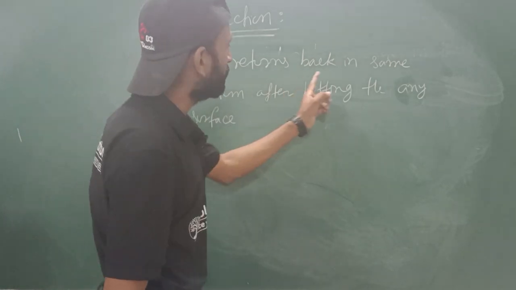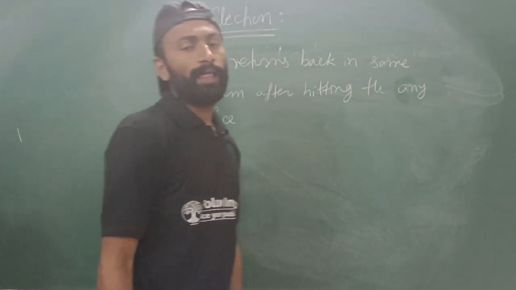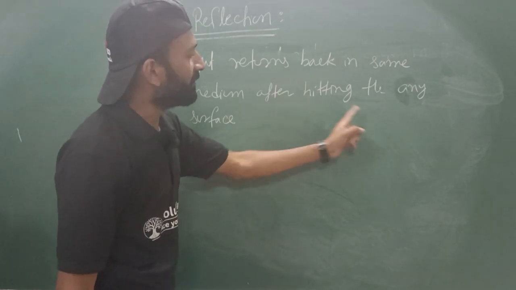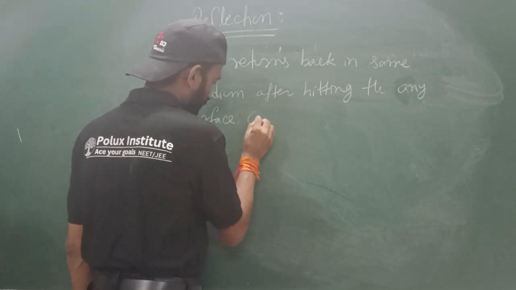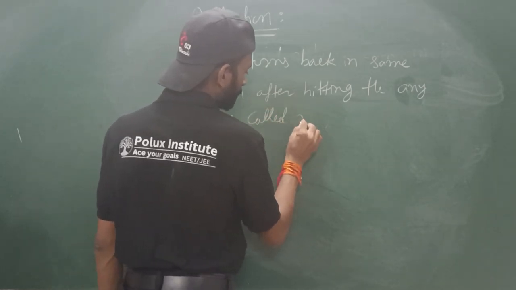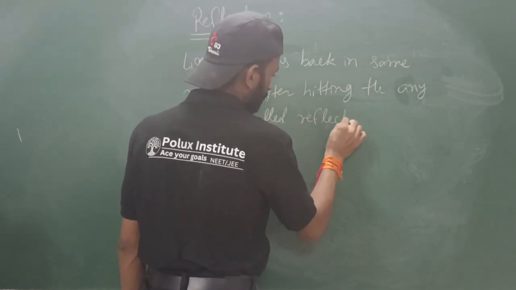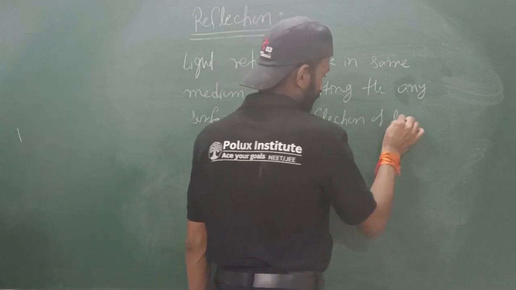If the light returns back in the same medium after hitting any surface, this is called reflection of light.